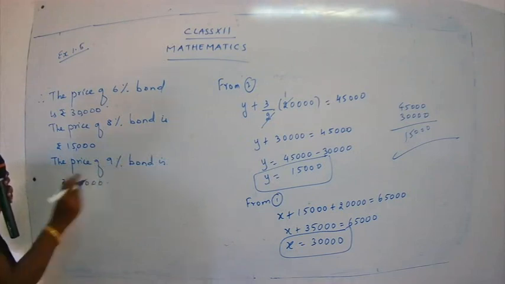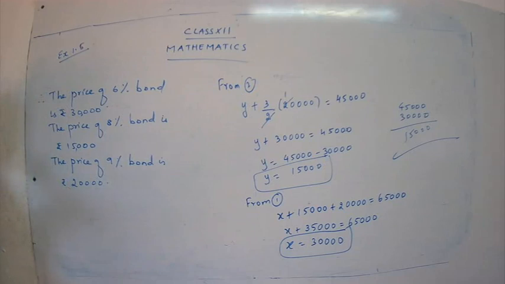So you have three different bonds. One is of 30,000, one is of 15,000, and one is of 20,000. So we have found the value for all the three unknowns, that is x, y, and z. Clear? Okay, I hope you are clear with this sum. Okay, children? So exercise 1.5, sum number 3 is done.